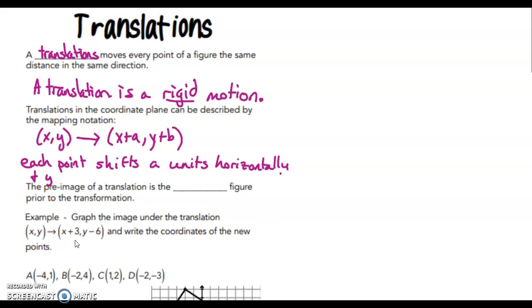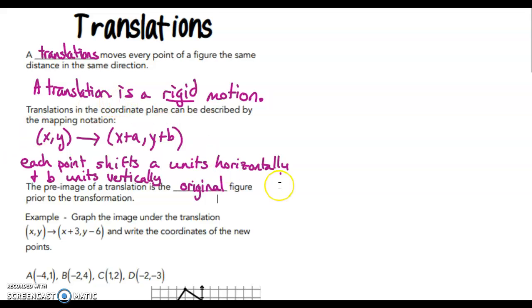And b units vertically, y plus b. The pre-image of the translation is the original figure, and the image is the new figure.